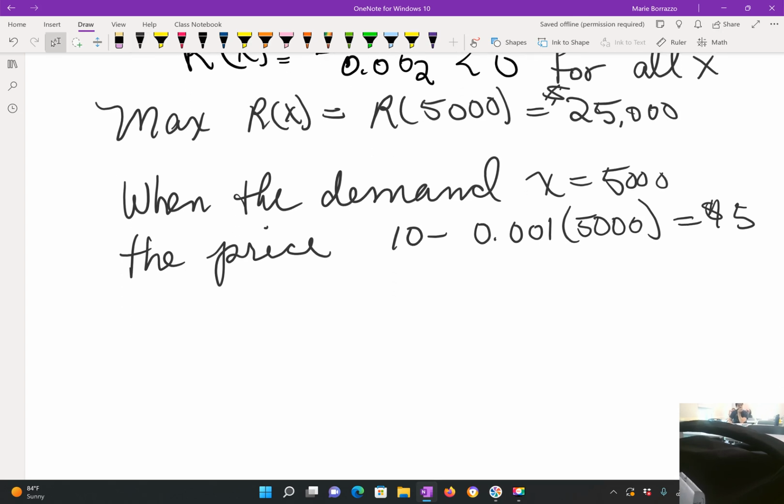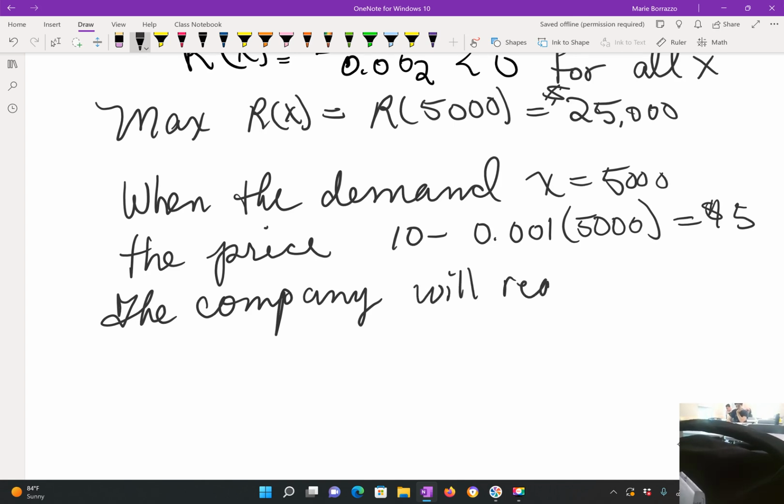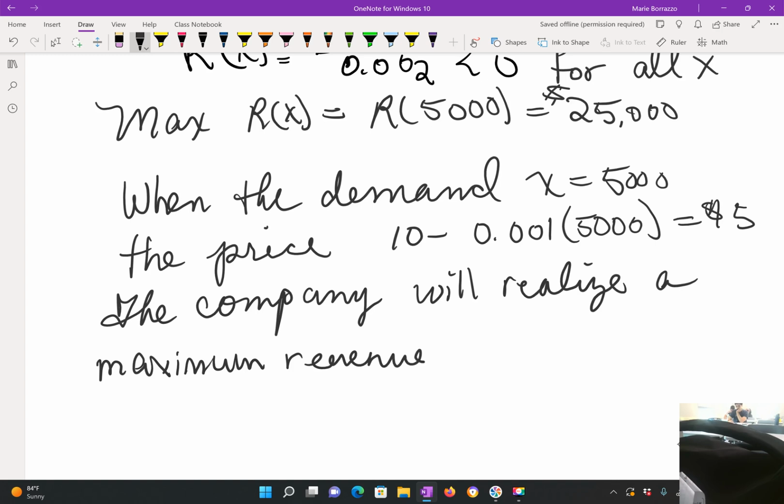So the company will realize a maximum revenue of 25,000 when the price of a marker is $5.